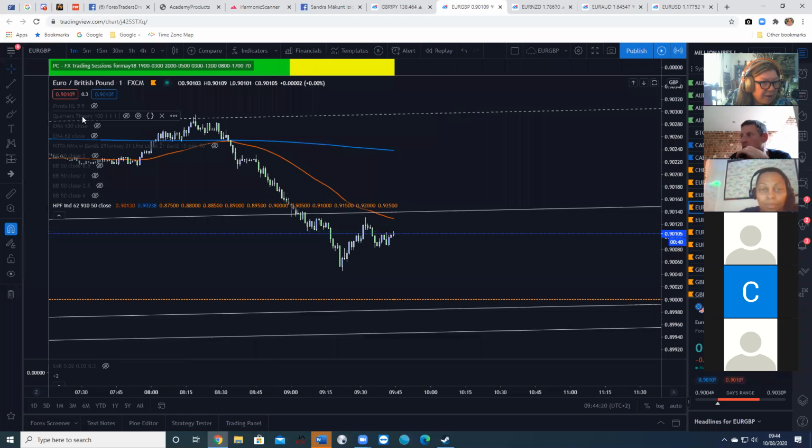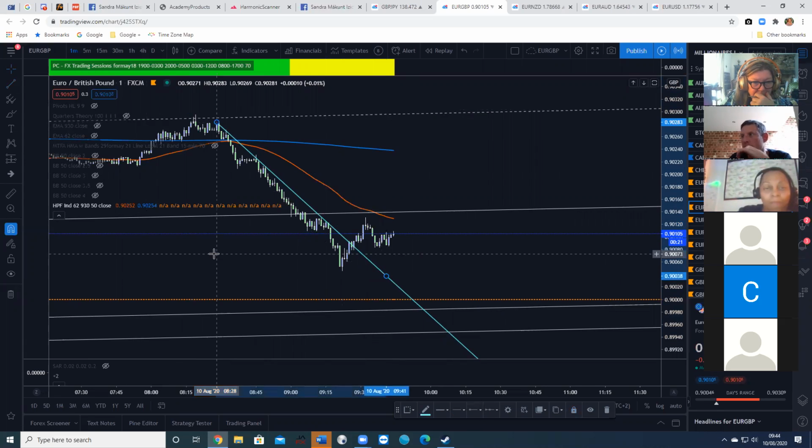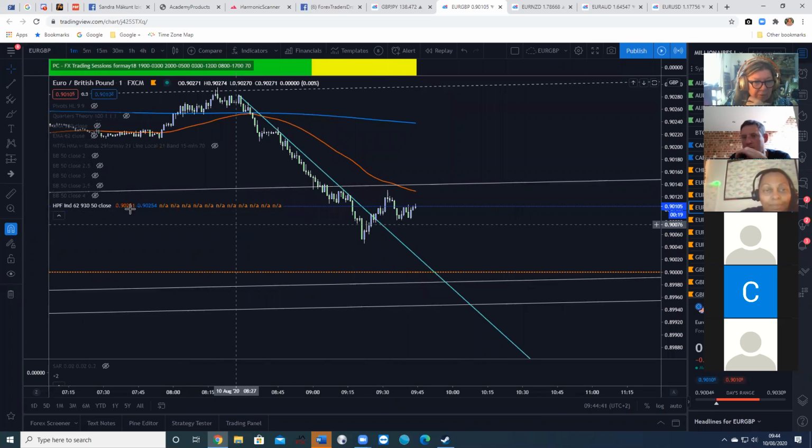And the pivots tell us what? Lower highs, lower lows. So let's put our trend line on. And we had that big plunge down, didn't we, on that euro we looked at very first of all.